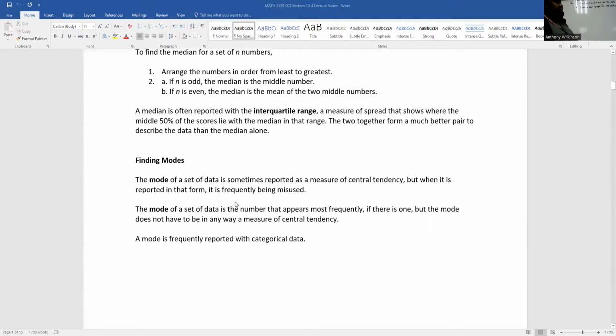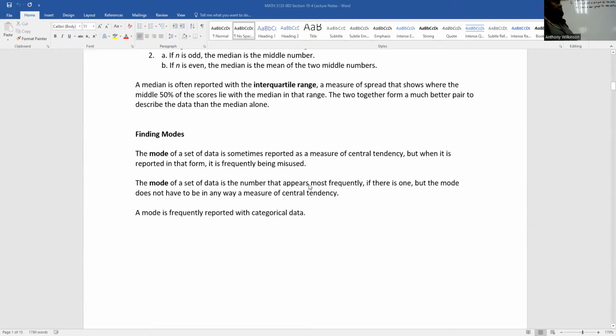All right, next is finding the mode. That's sometimes reported as a measure of central tendency, but when it's reported in that form it is often misused. By definition, the mode is the number that appears most frequently, if there is one, but the mode does not have to be in any way a measure of central tendency.